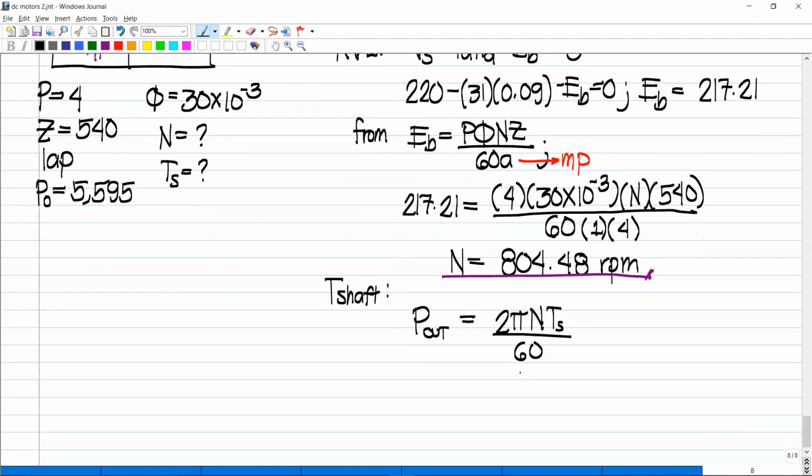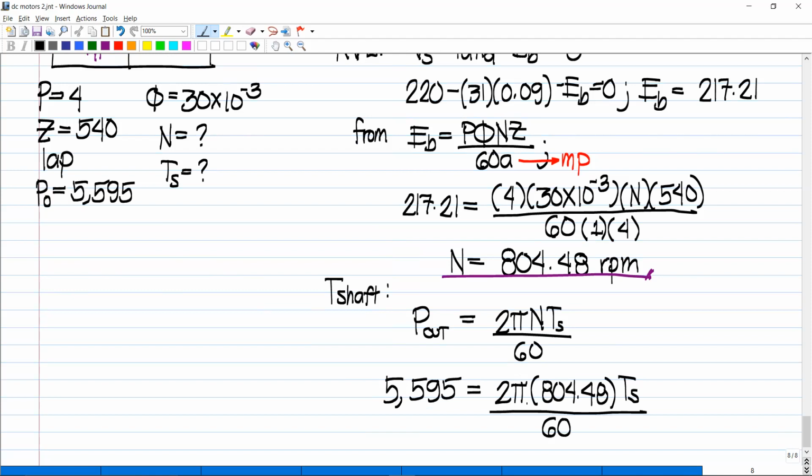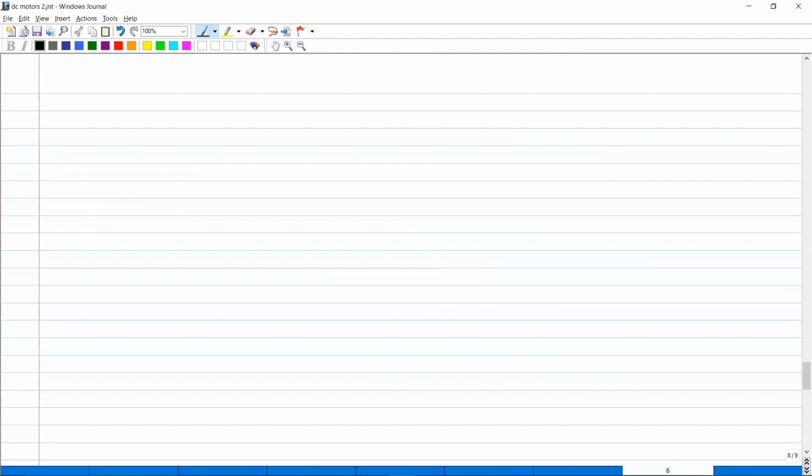Basta shaft, output. So the output power given is 5,595. This is equal to 2 pi, our speed is 804.48, and then let us solve for the shaft torque, over 60.